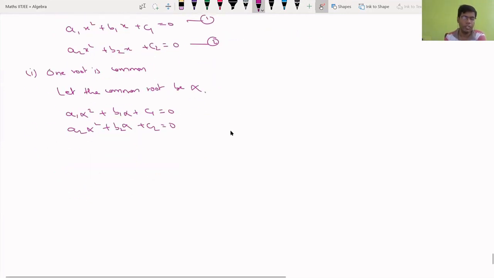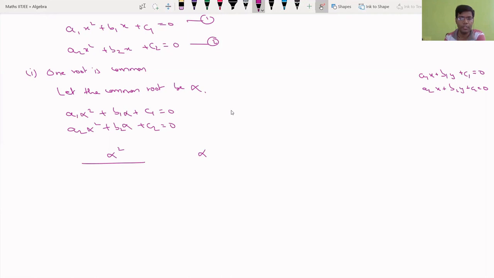Now using this condition, these two equations, I can solve for alpha square and alpha. Just like we have linear equations in two variables, say a1x plus b1y plus c1 is equal to 0, and a2x plus b2y plus c2 is equal to 0. So there are two equations in two variables. Similarly here, one variable I'm taking as alpha square and another variable I'm taking as alpha.